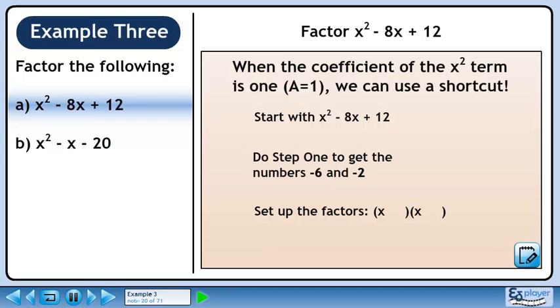Write two sets of brackets, each one beginning with x. Copy minus 6 and minus 2 into the brackets and you're done. There is no need to carry on with decomposition when the shortcut can be used. However, just to prove that this is the same result we would obtain with decomposition, let's keep going and finish the rest of the steps.